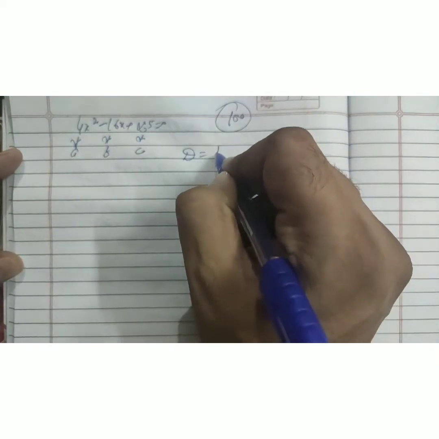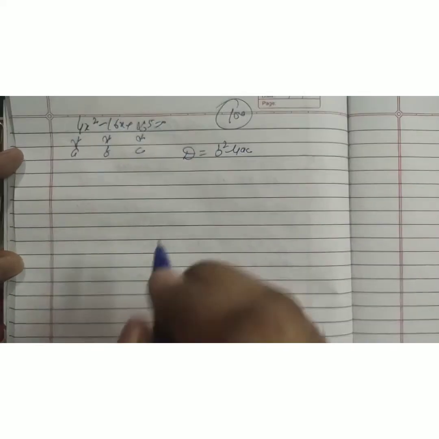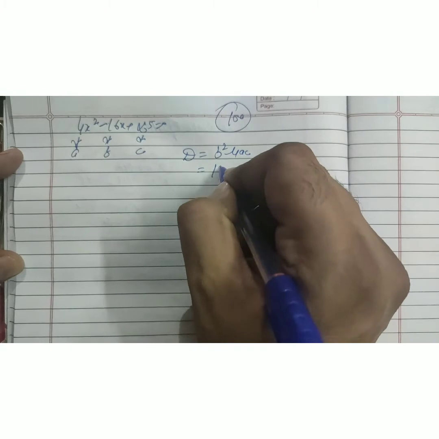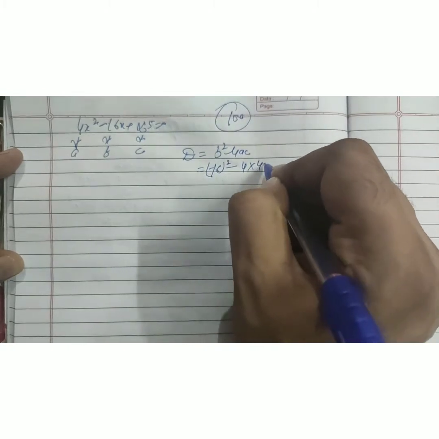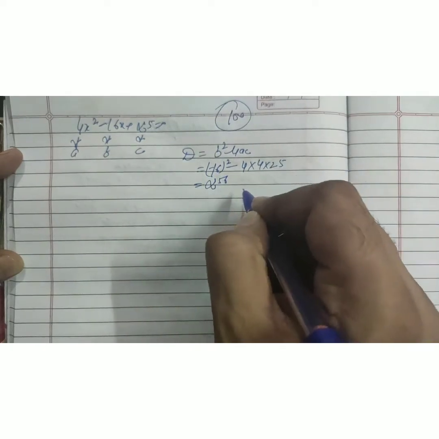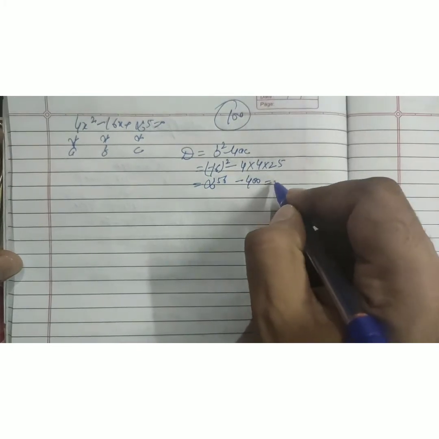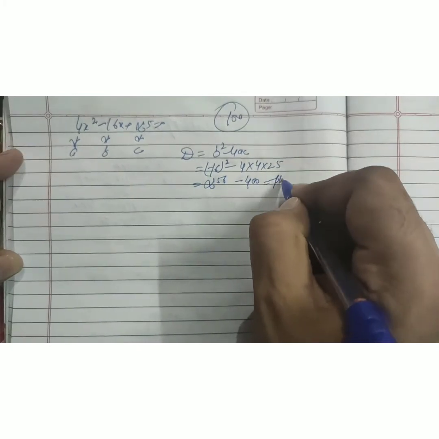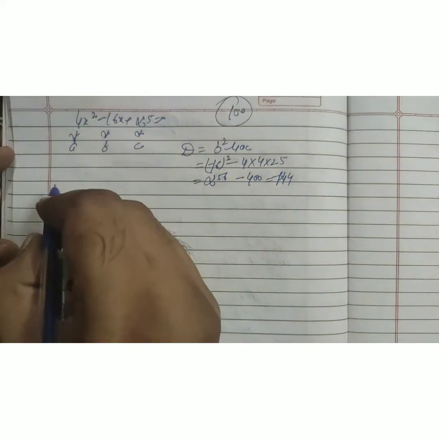D is given again by b² − 4ac. If we calculate it, square of b is 256 with positive sign, 400 with negative, so overall it becomes minus 144, which is an indication of not real roots.